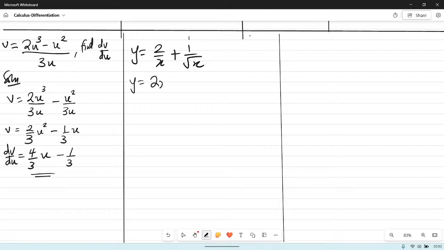No, 2x exponent negative 1. No, exponent negative half.